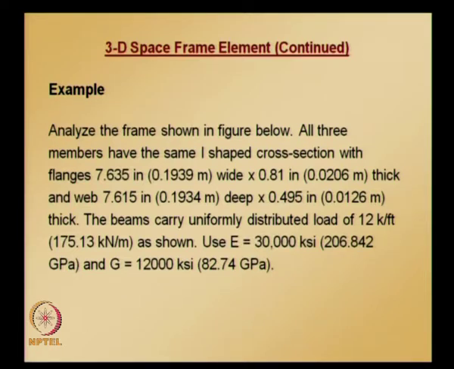So, here since the problem is given both in FPS units and SI units, we can work in any of the units, but here the workout is shown for FPS units case, because FPS units are round numbers here.